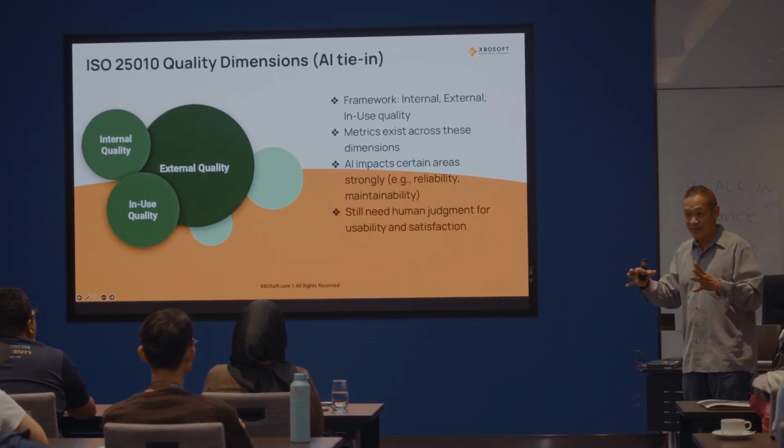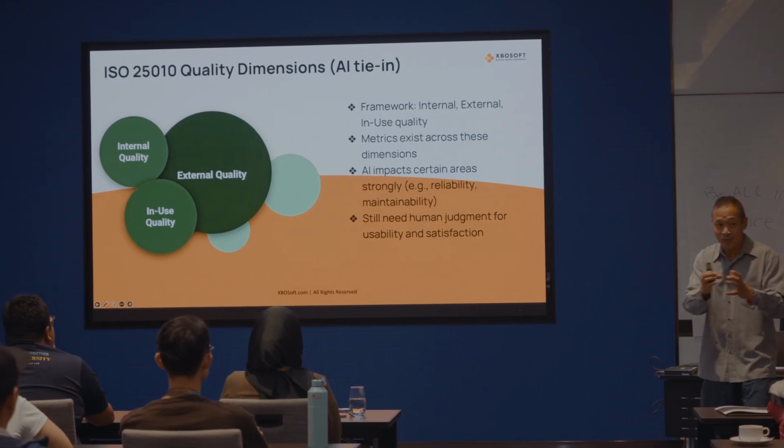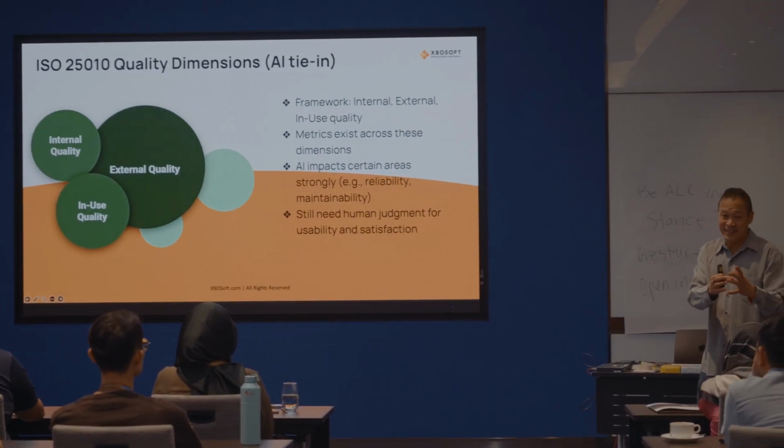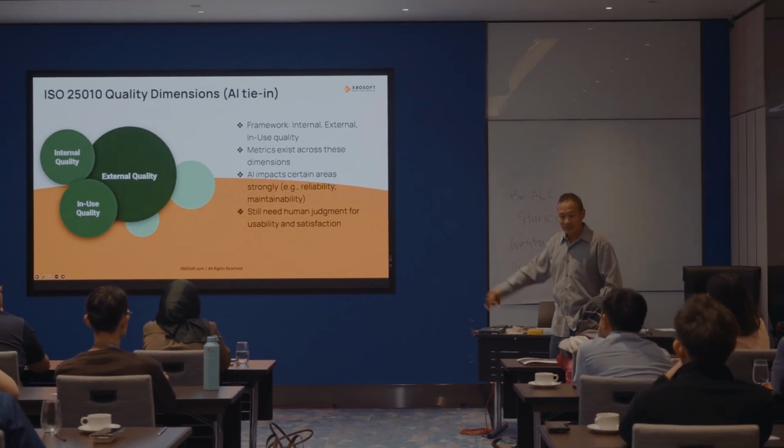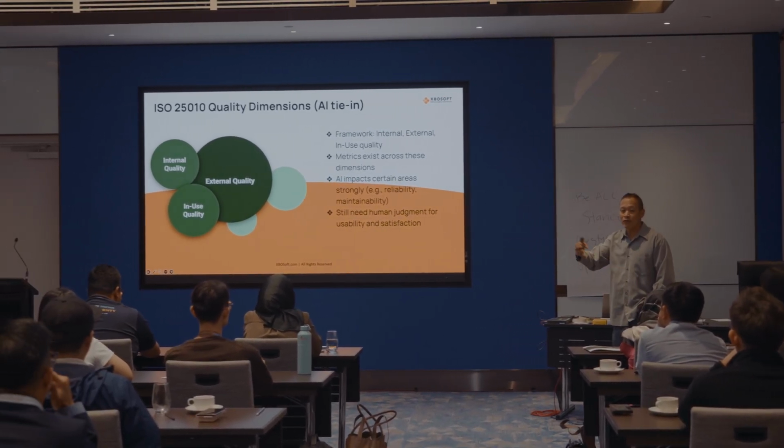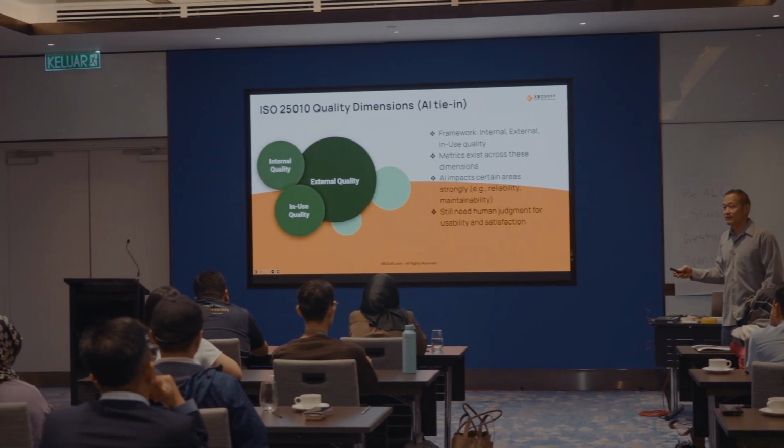So you have balanced metrics, not just all related to defects and testing. Does that make sense? You have to have a good balance of metrics to get an overall view of the quality of your product.